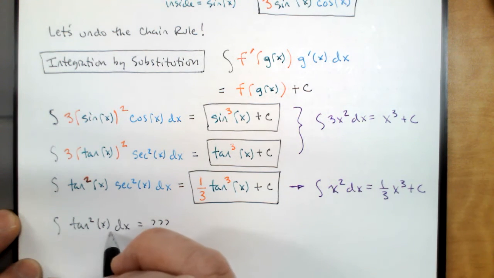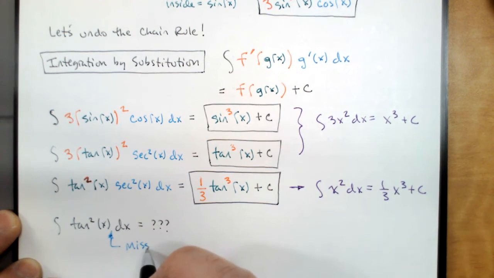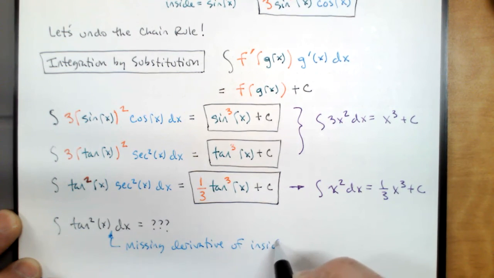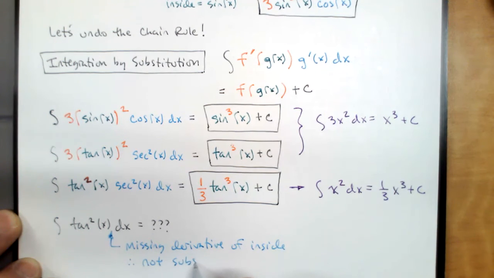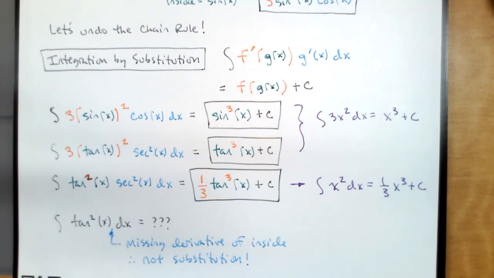So this one is missing the derivative of the inside. So this is not a substitution problem. If I want to say that the tangent is the inside function, I need secant squared to be the derivative of the inside to make substitution work.